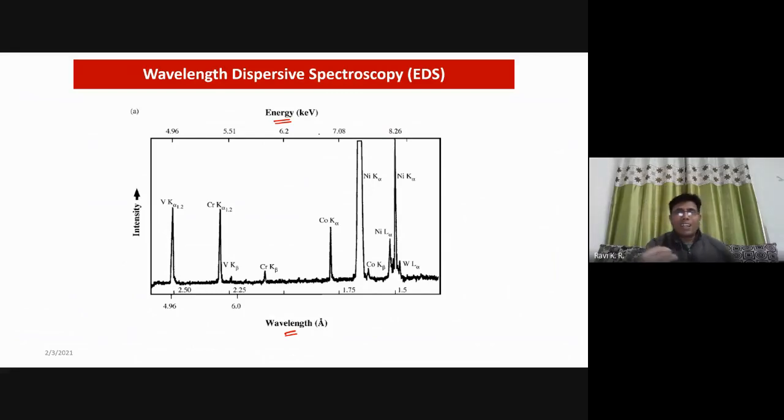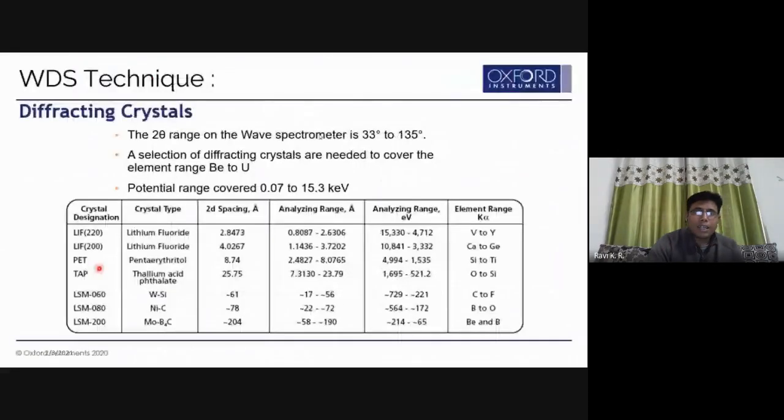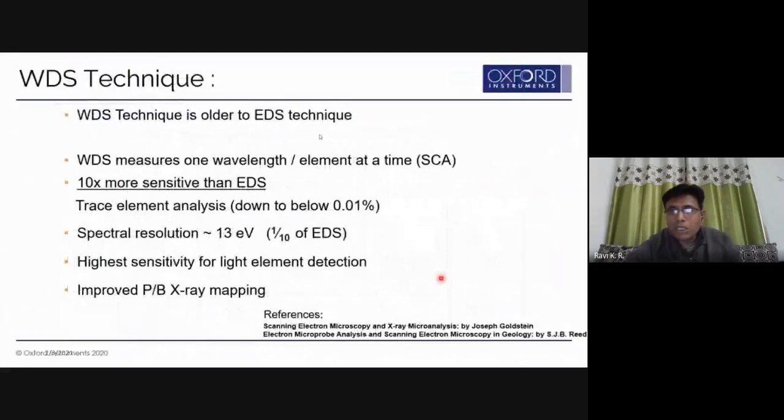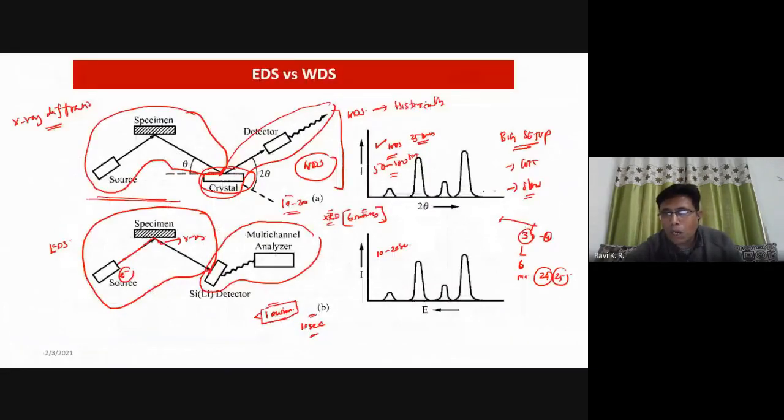These are almost the same. So the information that you are finally getting is almost the same. The initial generation is the same. Only this part is the difference. These two are the different parts that you get from EDS and WDS.